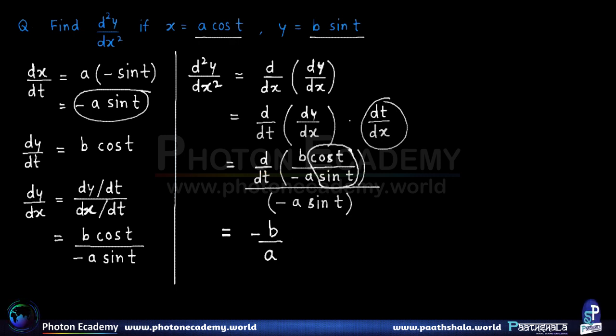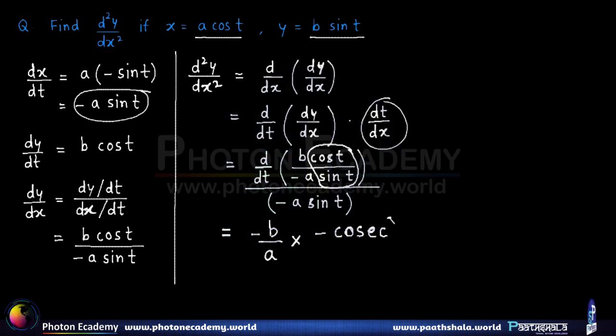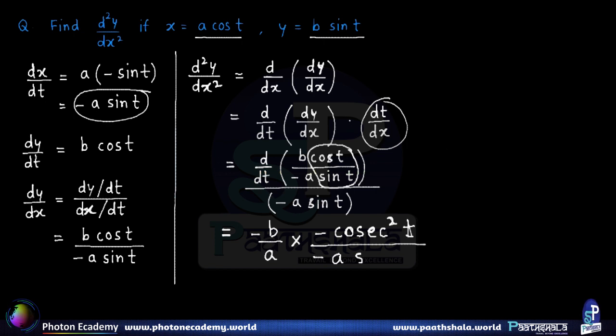So therefore the derivative of cot t, as we know, is equal to minus cosec square t. So therefore I write here minus cosec square t. Okay, and that is divided by minus a sin t, which is already present in the denominator.